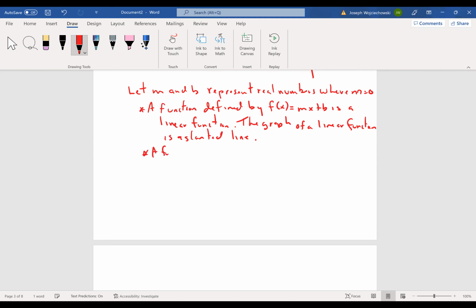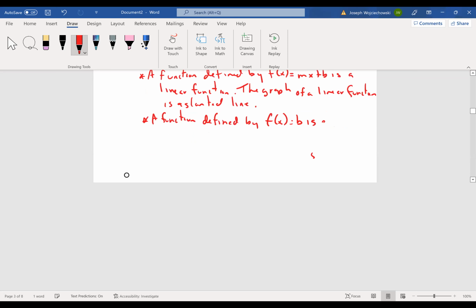Then a function defined by f of x equals b is a constant function.